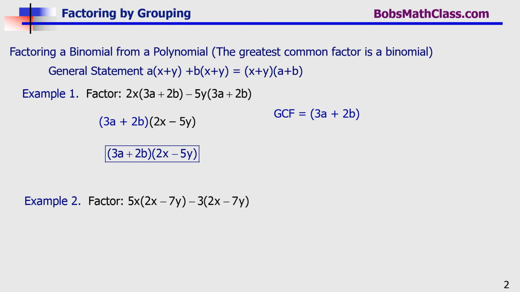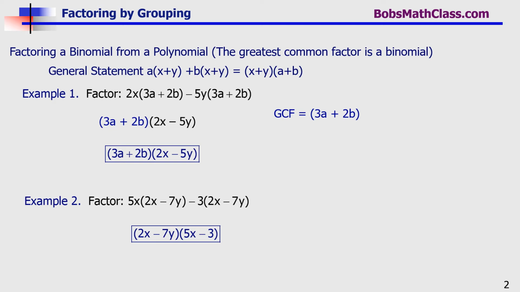Try number 2. Remember to always pause the video so you can work on it. All right, 2x minus 7y times 5x minus 3. So the 2x minus 7y is written twice. You write that first.